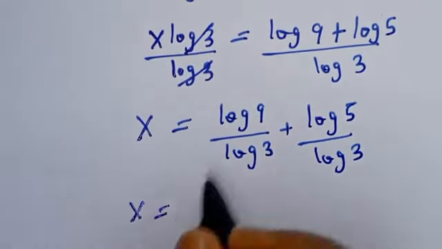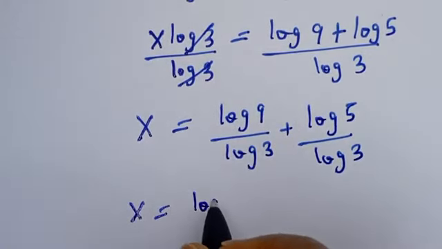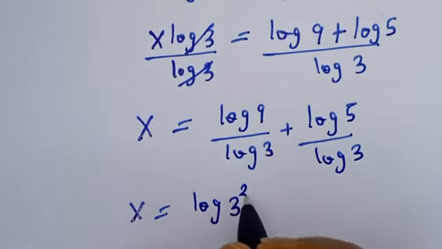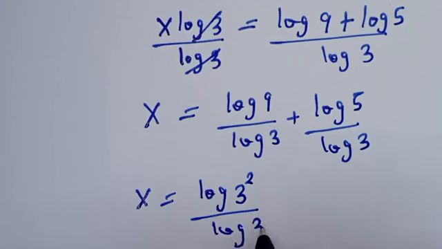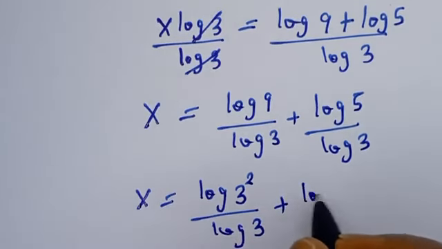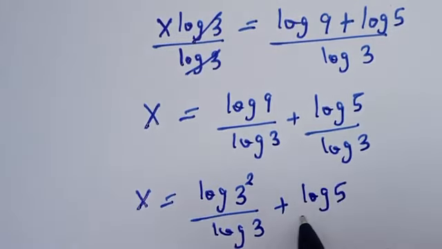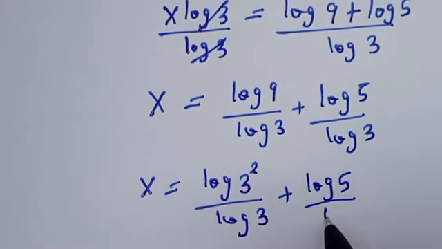S is equal to log 9 can be written as log 3 square divided by log 3 plus log 5 divided by log 3.